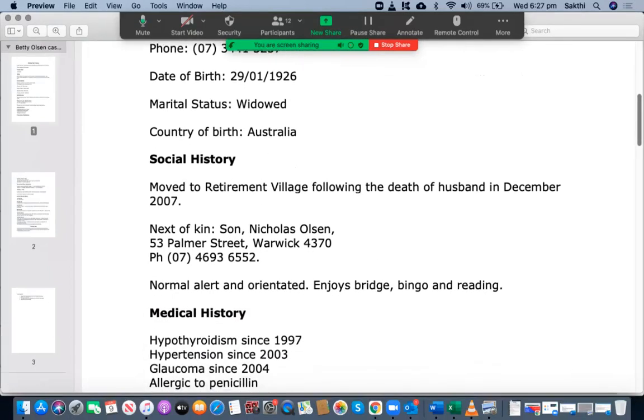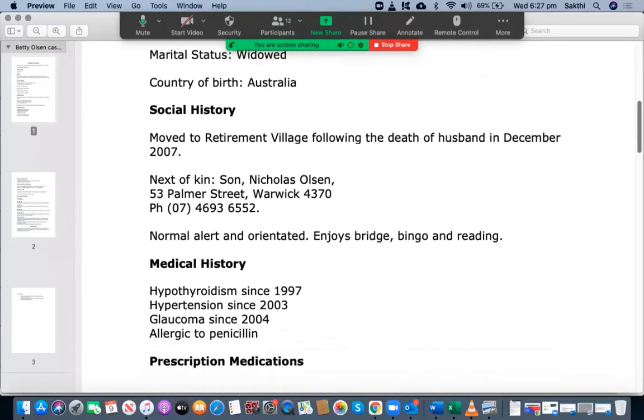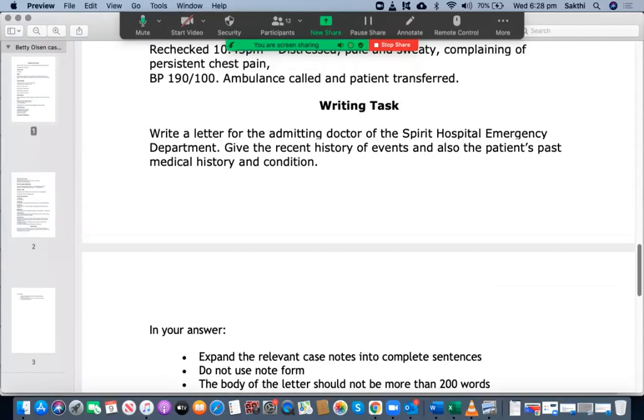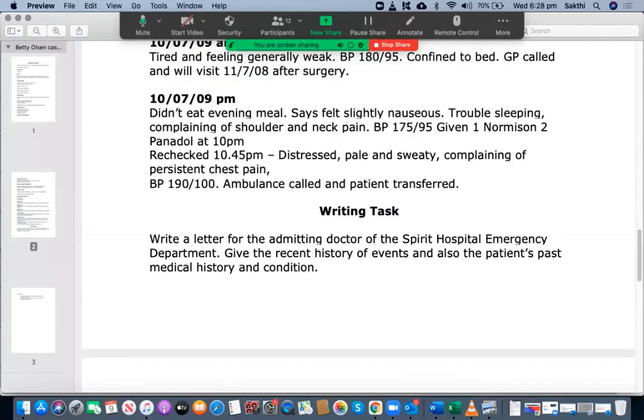So she moved to the retirement village following the death of her husband. Did you include this one? Under the social history, did you include it? No, sir. They mention only medical history. But it's an unknown case, right? So they don't know this. It's the admitting doctor of the Sprint hospital. If that's the case, you need to include that information.